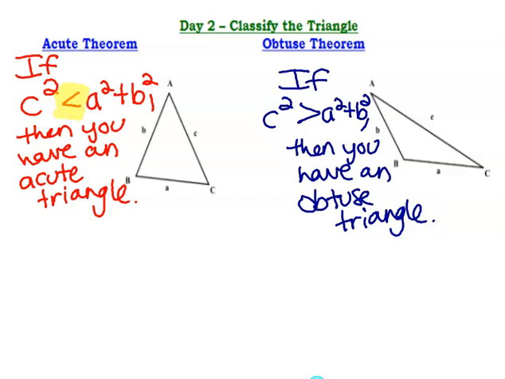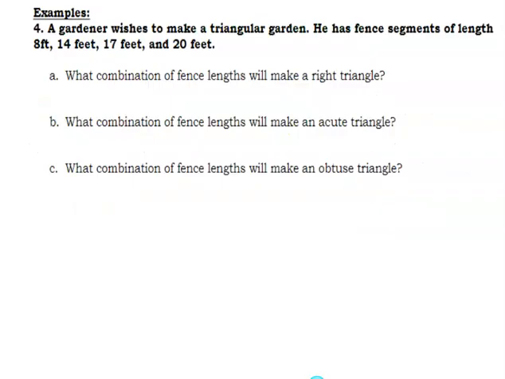So if the hypotenuse is bigger than the 2 other legs added, then obtuse. If it's less than, you have acute. So let's rock these out.